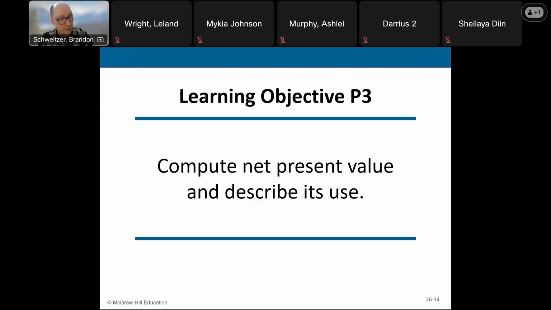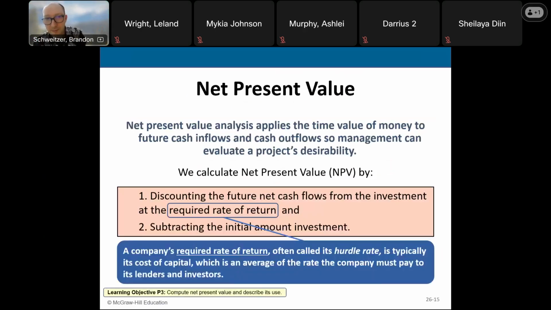So we talked about the payback period. We talked about the accounting rate of return. Now I want to talk about present value, net present value. As I had mentioned earlier, the net present value is a finance component, but we used the time value, net present value, which is a part of the time value of money, for us to understand an investment decision as it relates to something like interest.